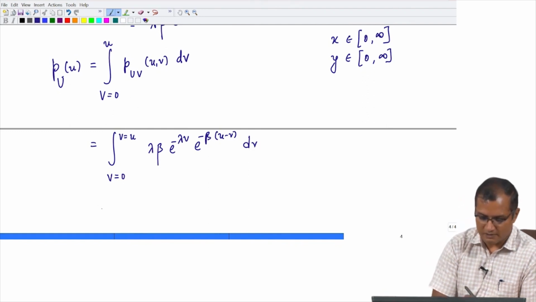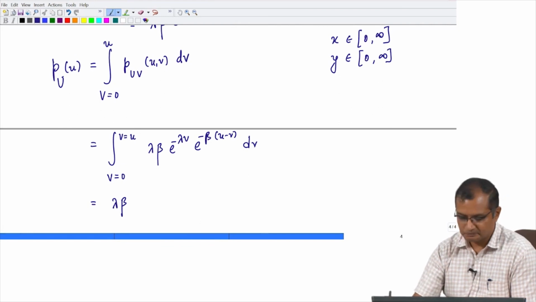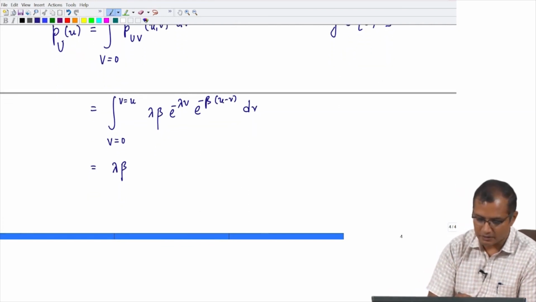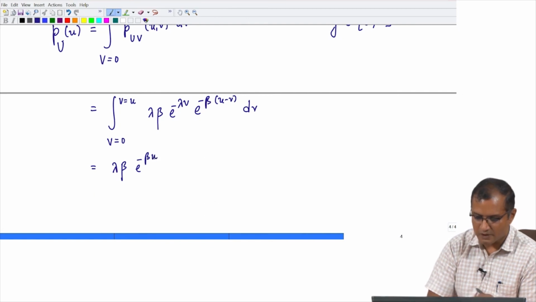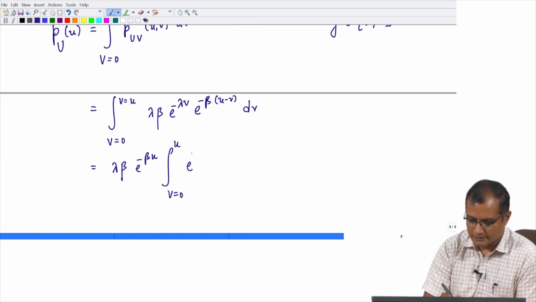So, then you can see that I will immediately take lambda beta outside, and e raised to minus beta u will also come out of the integral, and I have v going from 0 to u of e raised to minus v times (lambda minus beta).